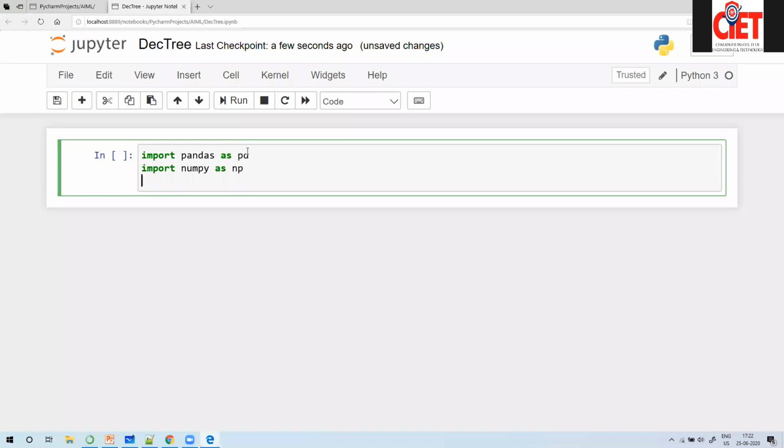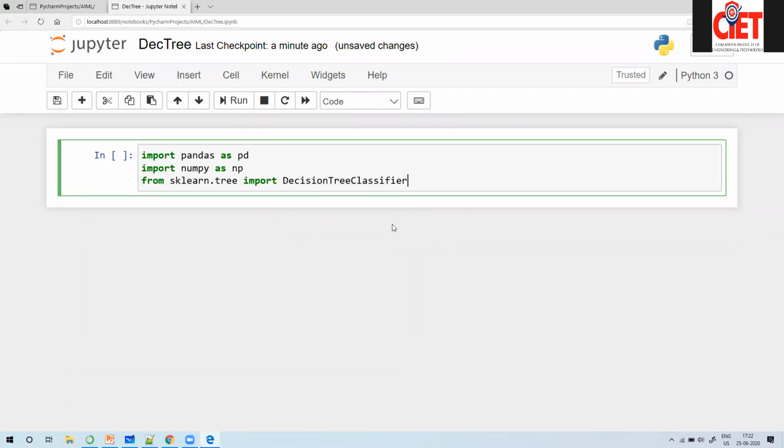I'm not going to do any visualization here, so I'm not importing matplotlib and seaborn. From sklearn.tree, import DecisionTreeClassifier.